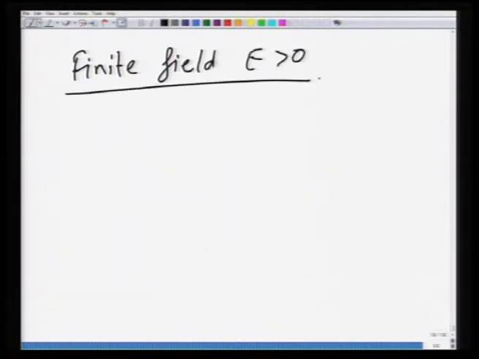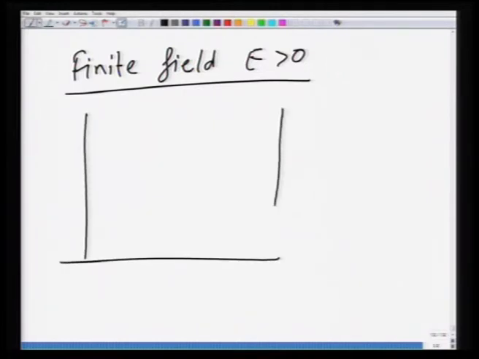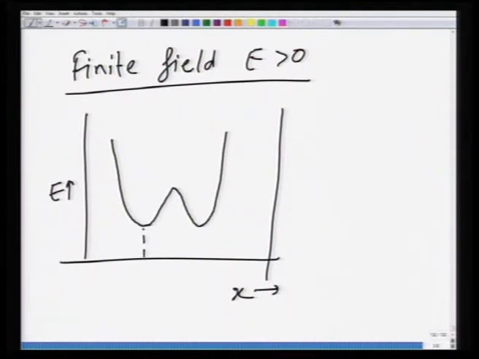Now, when you apply a finite field E greater than 0, what happens? Again draw this energy well diagram. So, this is E versus x. The initial picture was this picture, and these two are equivalent sites 1 and 2. When you apply field, the situation changes a little bit.